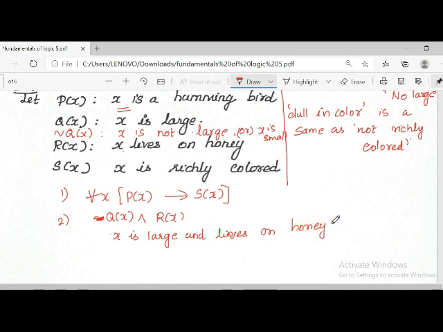Can I write it like this? So therefore I can rewrite the statement as negation, there exists x, Q of x conjunction R of x. Can I write in this format?